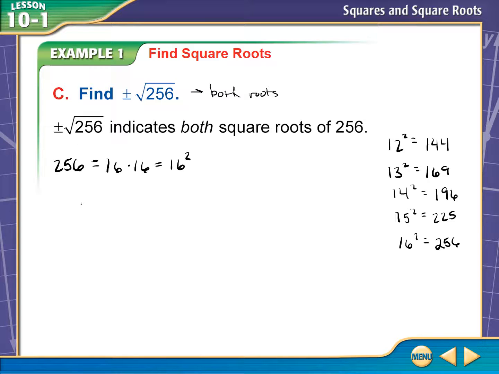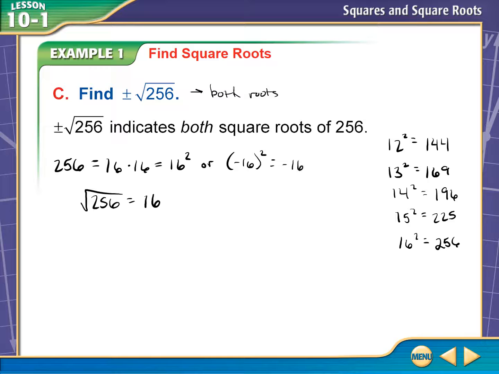So by taking the square root of 256, right, I'm interested in one of those factors. So the square root of 256 could be 16, right, because that's one of the factors. However, 256 could also be negative 16 squared, right?